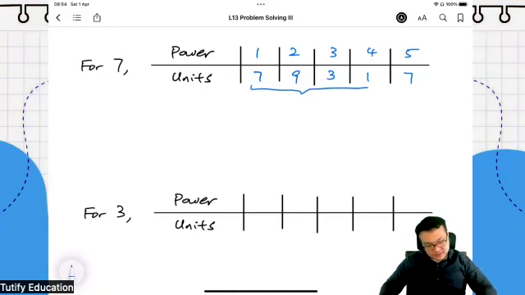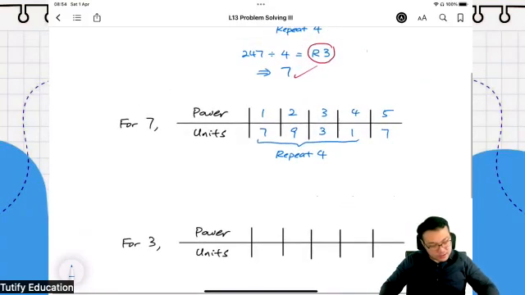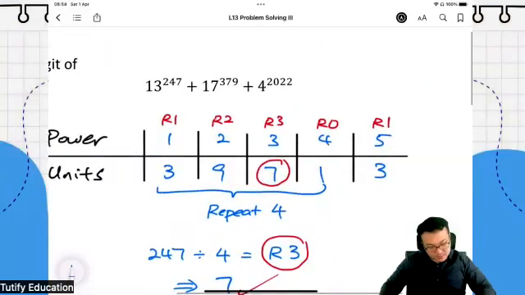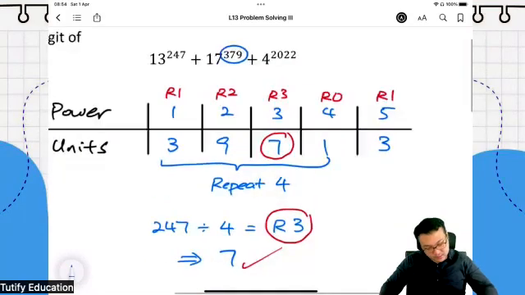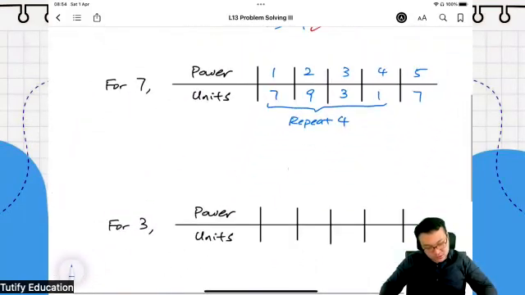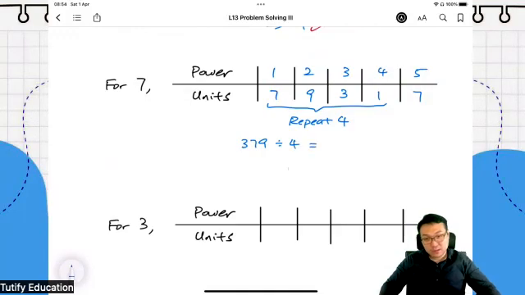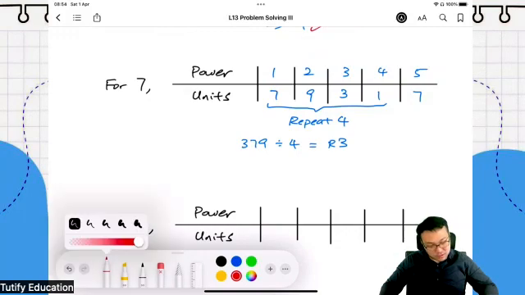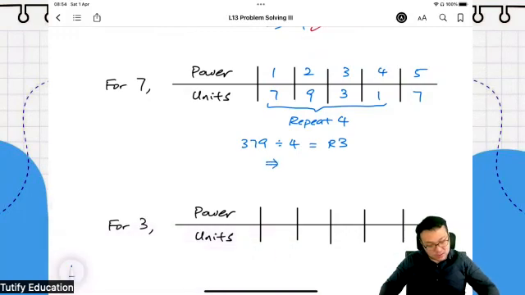Yes. So it keeps on repeating every 4 times. Now let's look at the power here, 379. If you take 379 divided by 4, we get a remainder of 3. So can you tell me what is the unit digit?